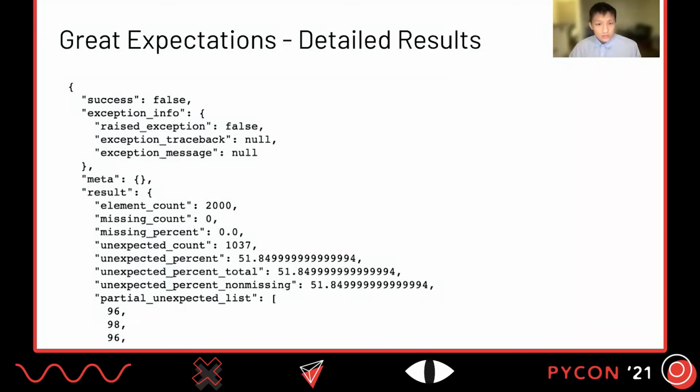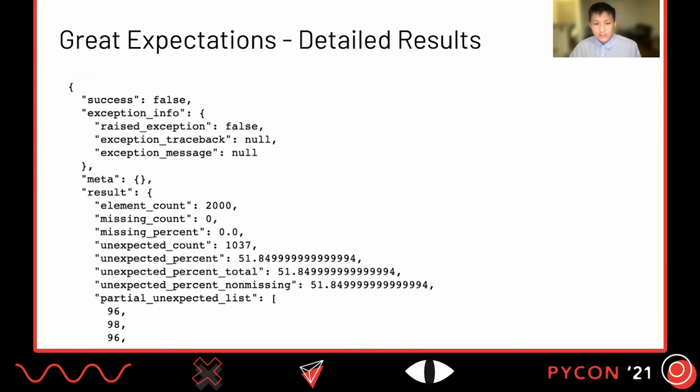Here's an example of what the results show. On the first line, you'll see that success is false, meaning we failed this specific validation. And then a bit below, you'll see the result. The result contains a lot of information about how many values were missing, what the missing percentage was, how many records did not pass the expectation, and what percentage of the total that was.